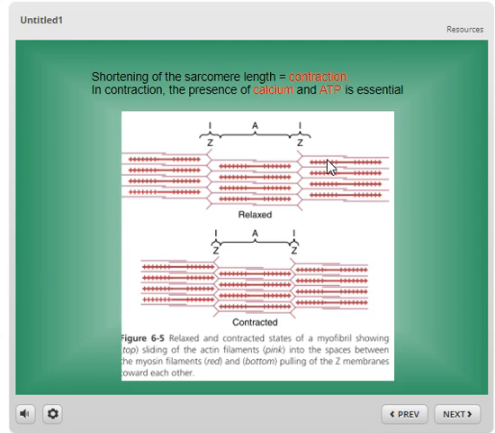Another component that's essential for contraction is adenosine triphosphate, or ATP. ATP is required for several steps in the contraction process.